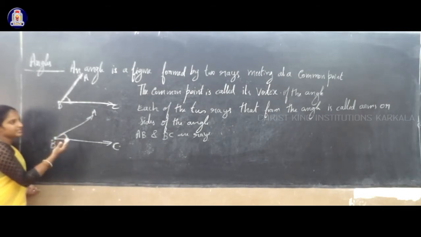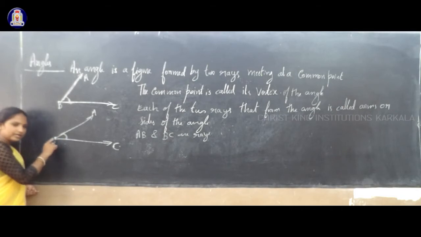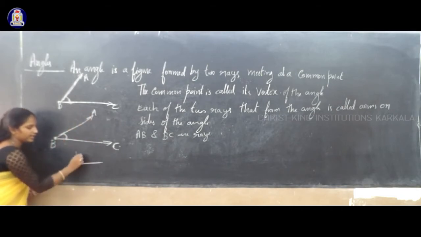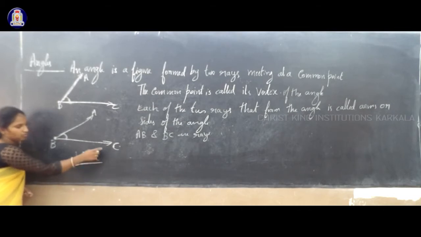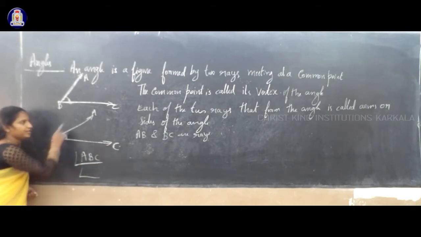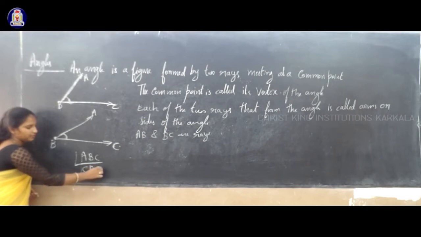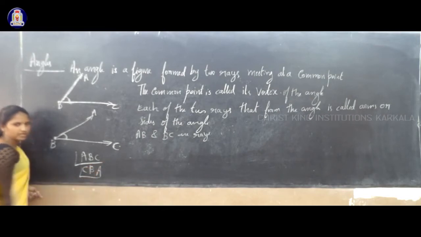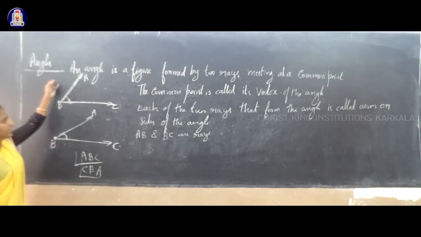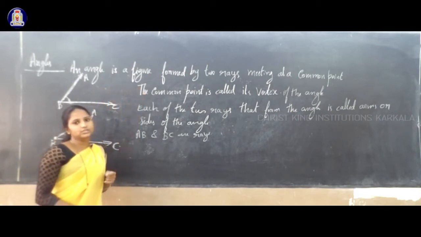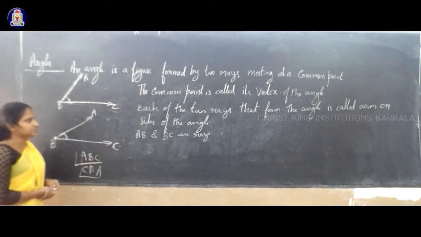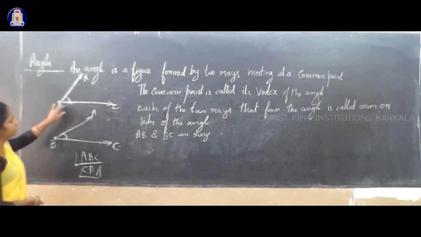So how will we read this? This is angle B, right? So ABC. Angle ABC, or you can say angle CBA. Understood? What is an angle? An angle is a figure formed by two rays meeting at a common point.